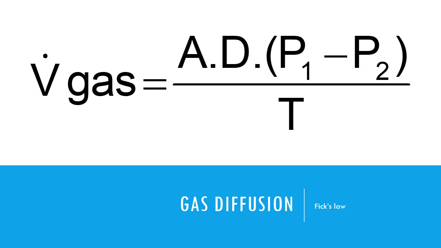A is the surface area, D is the diffusion constant, P1 minus P2 is the difference in partial pressures between two points, and T is the thickness.